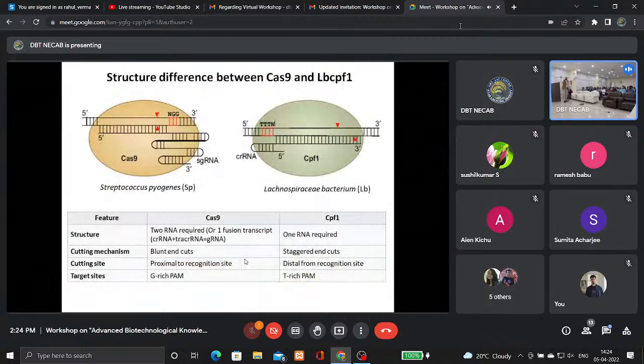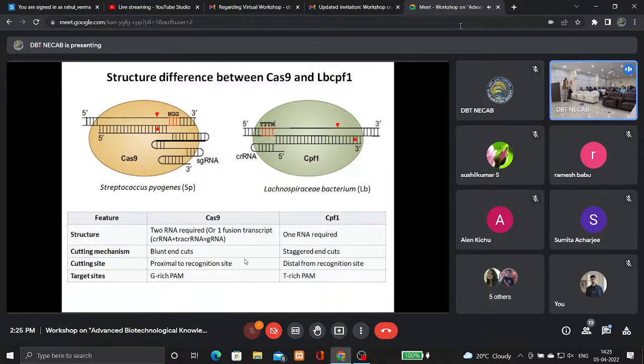And I just want to give you a comparison of the difference between Cas9 and CPF1. I'm using CPF1. Other labs use Cas9. Cas9 is found in the bacterium Streptococcus pyogenes, whereas CPF1 is from a Leptospiraceae bacterium.